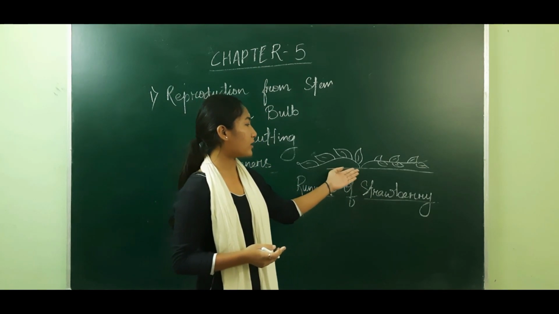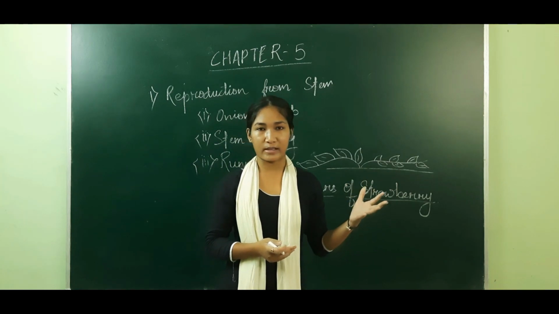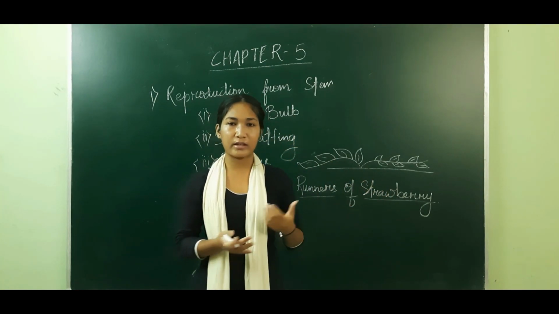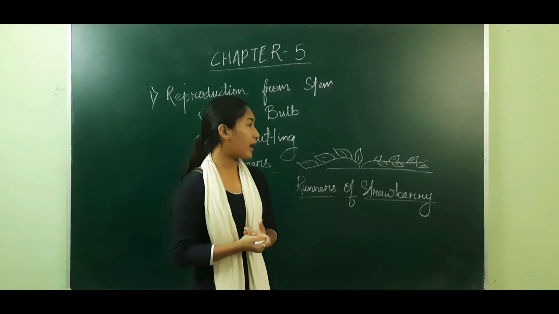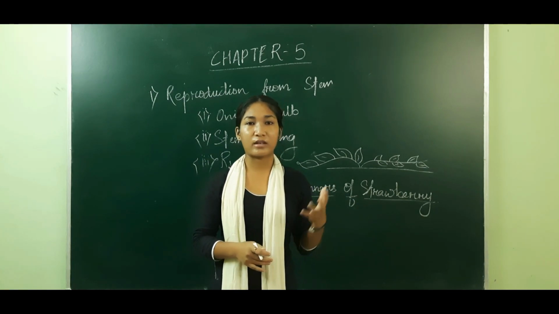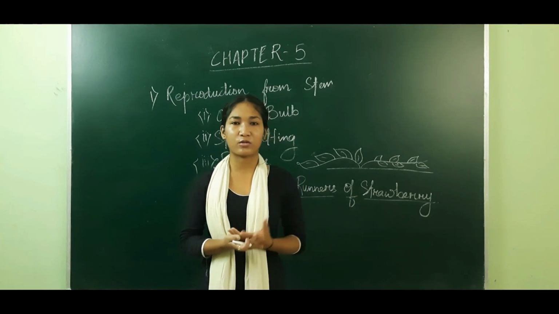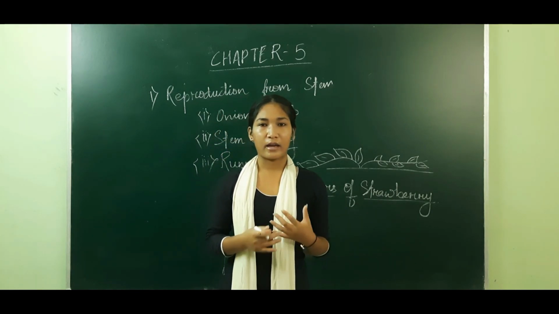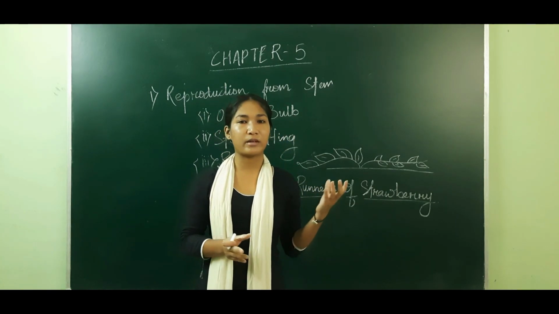This is how the stem of a strawberry looks. Strawberry is reproduced with the help of the stem, and the stem grows across the ground. It covers the ground, and this is how the strawberry reproduces itself and forms a new strawberry plant.